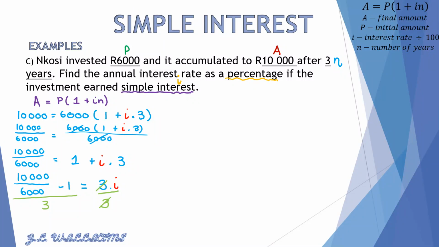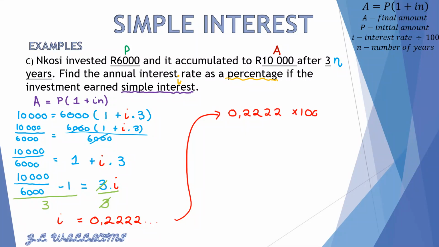Okay, and once we do that, we will find that I is equal to 0,2222, right? But they ask for this answer as a percentage, and so we take that amount, 0,2222, multiplied by 100, and we find that the interest rate is equal to 22,22%.